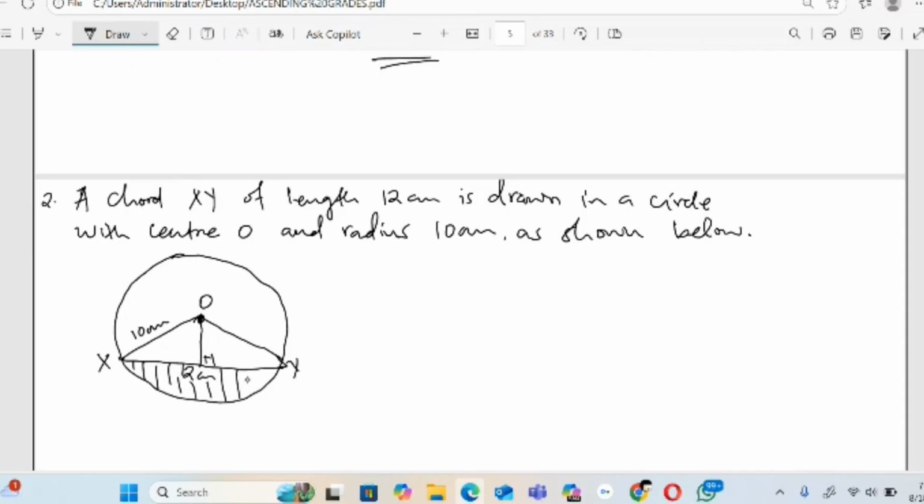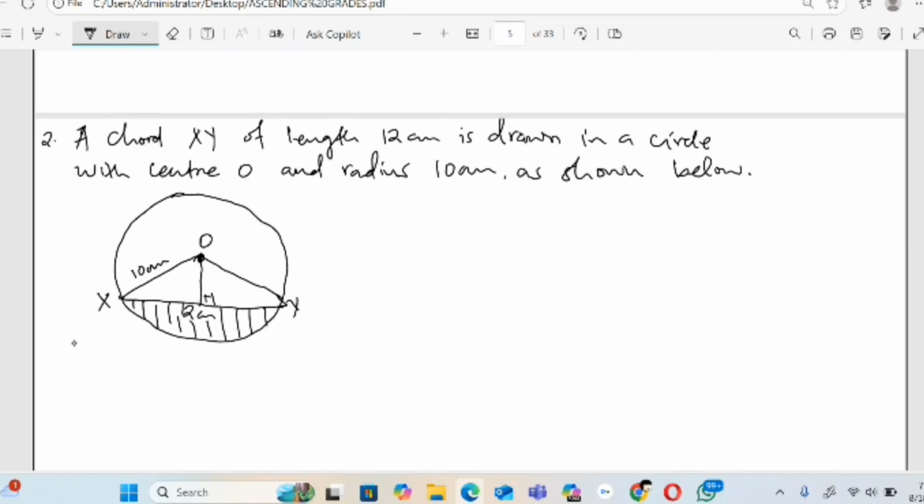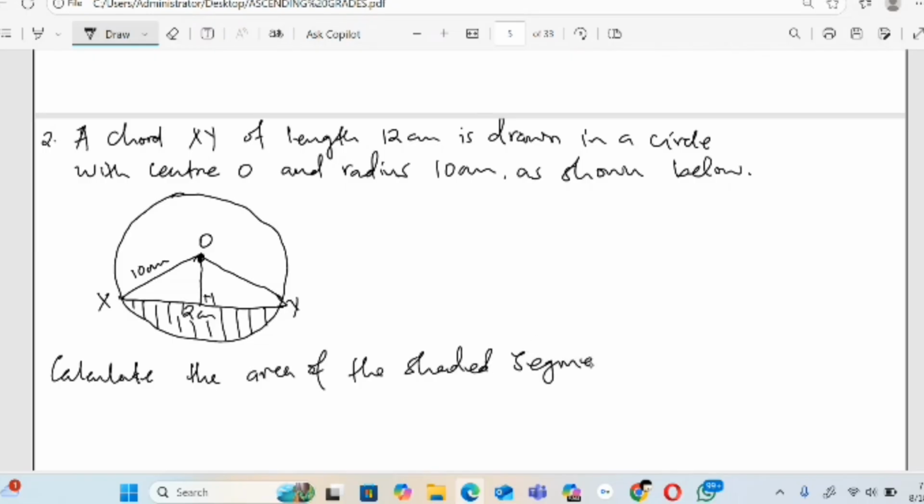Now the question is calculate the area of the shaded segment.